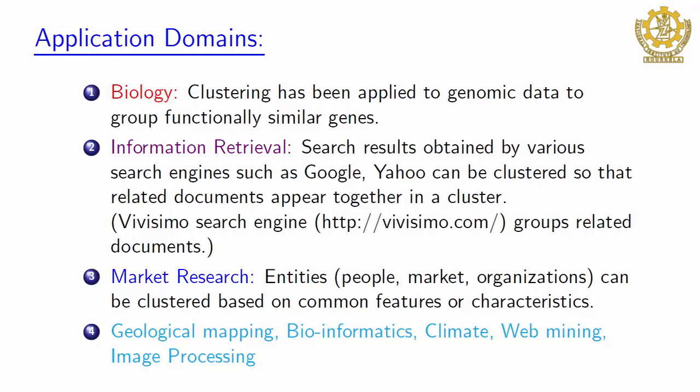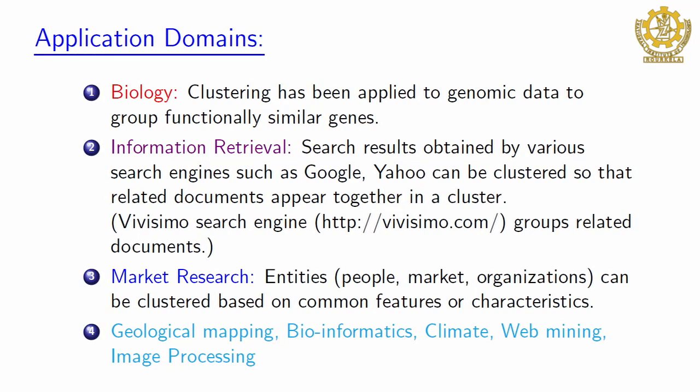Similarly, in information retrieval, search results obtained by various search engines such as Google and Yahoo can be clustered so that related documents appear together in a cluster. Once you obtain the results, we can put them into similar clusters. We have something called Google News. I think you must have seen Google News.